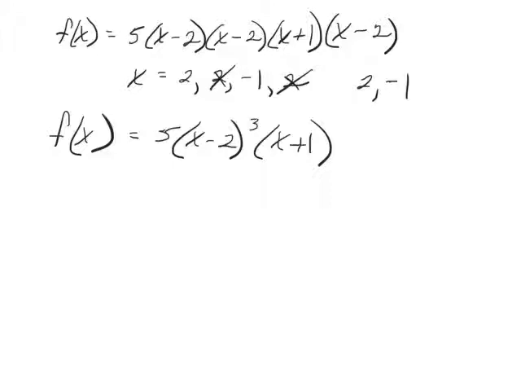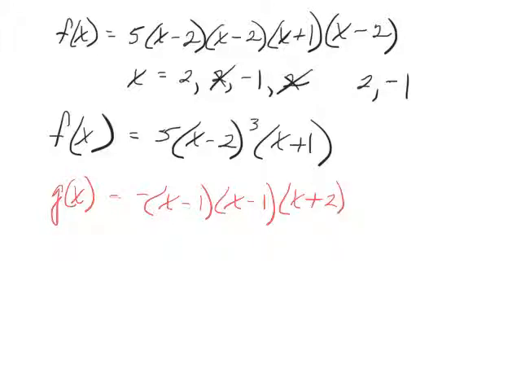If you look at example 4, they give us g of x. Let's do this in red. G of x, and they give us negative x minus 1 times x minus 1 times x plus 2 times x plus 2.